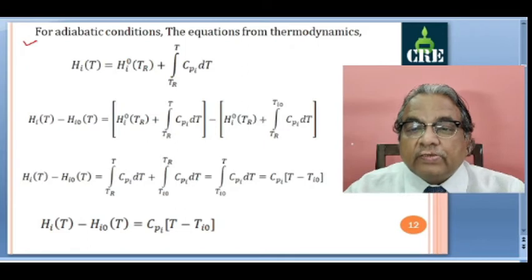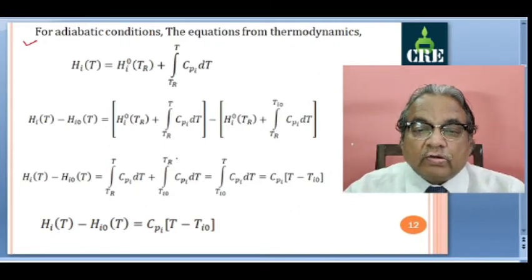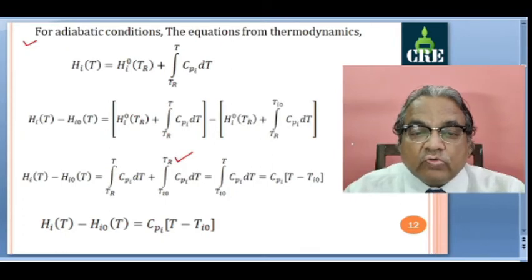This minus sign I will change to plus and change the order of integration from Ti0 to Tr, this you know. And if you add this together, this is Ti0 to Tr and this is Tr to T, lower limit to upper limit, in between this will cancel out.